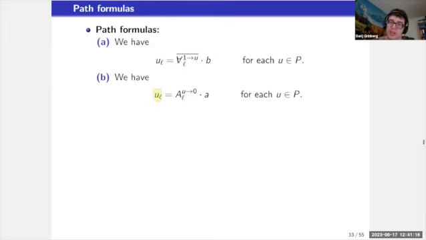If you want a label at a given vertex U, what you do is you sum those A products over all paths from U down to 0. So over all possible ways to descend from the point U to the very bottom of the poset, and you multiply it by the constant A. You can also do this going upwards instead of downwards, but now you have to use the inverted A's and you have to take the inverse.